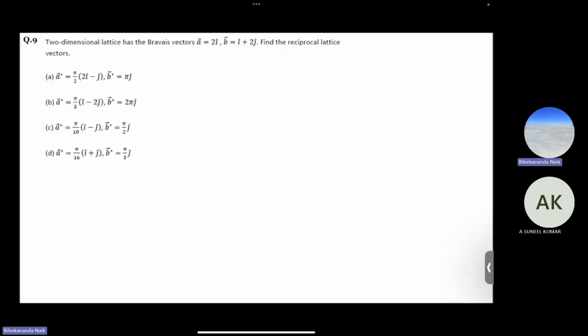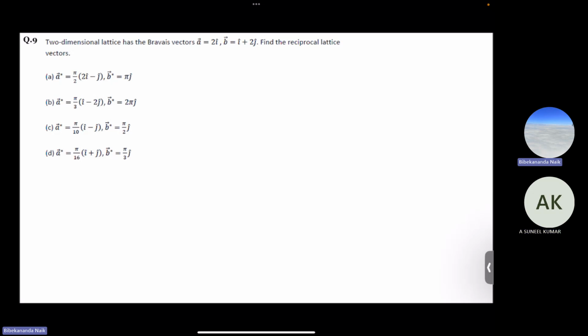If you remember what we discussed in the last session, the last two problems were based on the same formula: if a vector and b vector are given, how we calculate the reciprocal lattice vectors a star and b star.